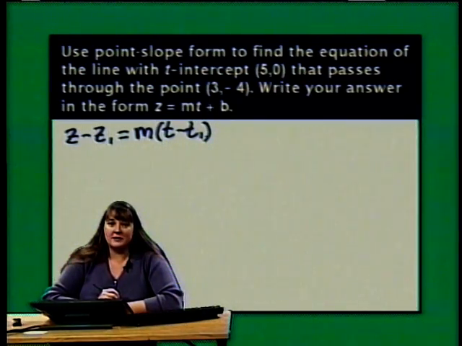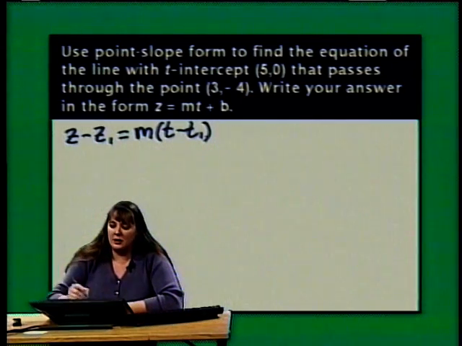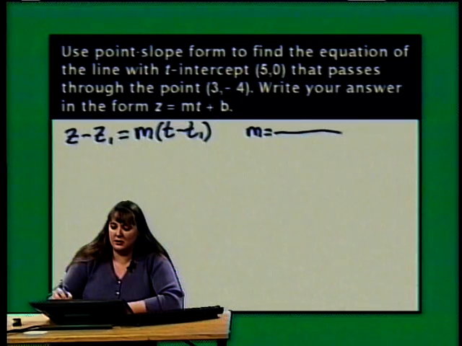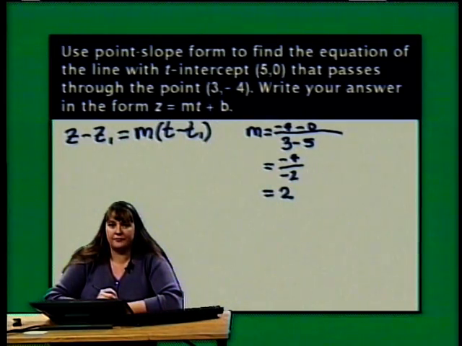So I know in point-slope form, I need a point. I have 2 of those, and I need the slope. So let's go ahead and compute the slope. So my slope is going to be negative 4 minus 0 over 3 minus 5. That's negative 4 over negative 2, which is positive 2. Now I can choose either point.